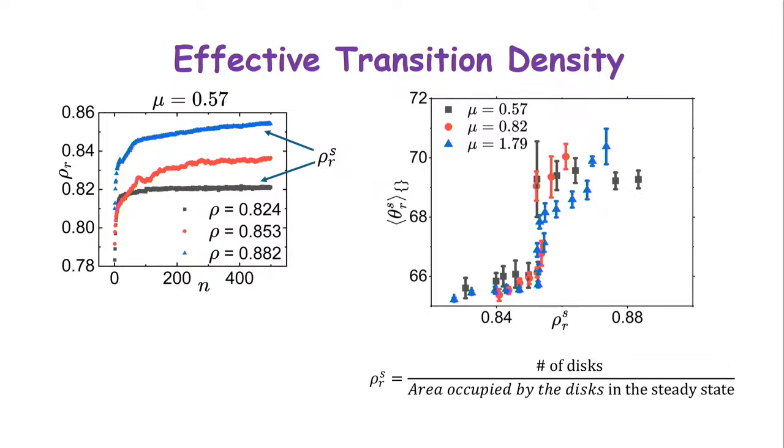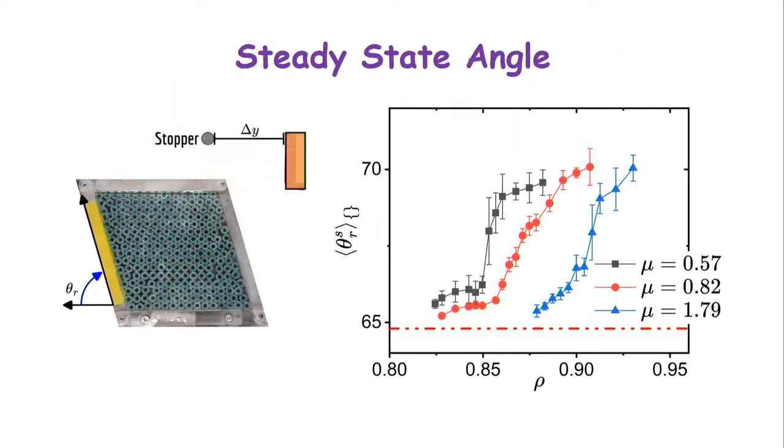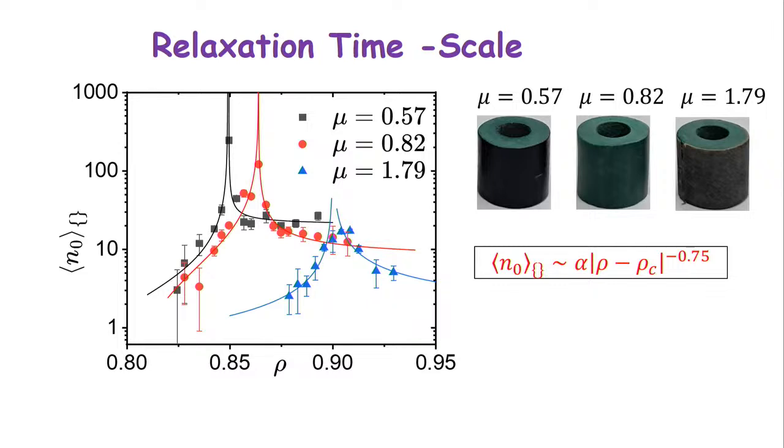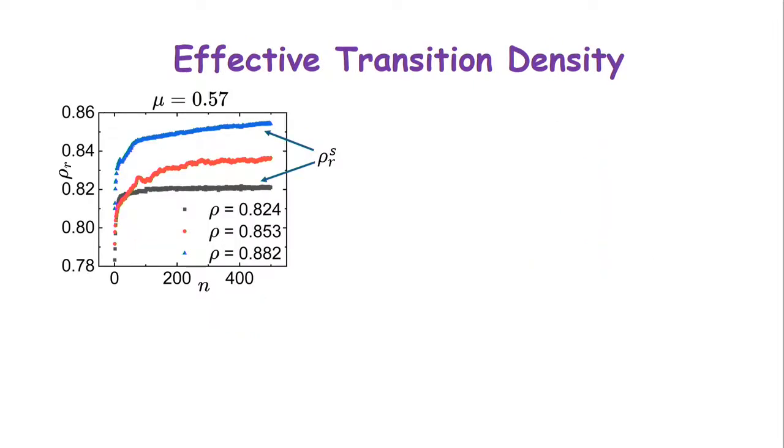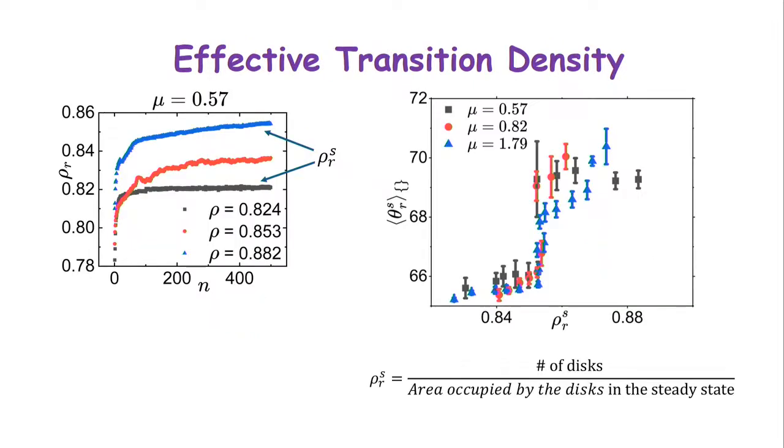If you now use these densities on the x-axis instead of the values of rho I had earlier, where rho was defined as the density in the maximally compressed state, if I took my saturation density, then all of them collapse and give you a particular number, about 0.85. So it means that the effect of friction is to prevent the system from accessing that particular density, and that's how it happens.